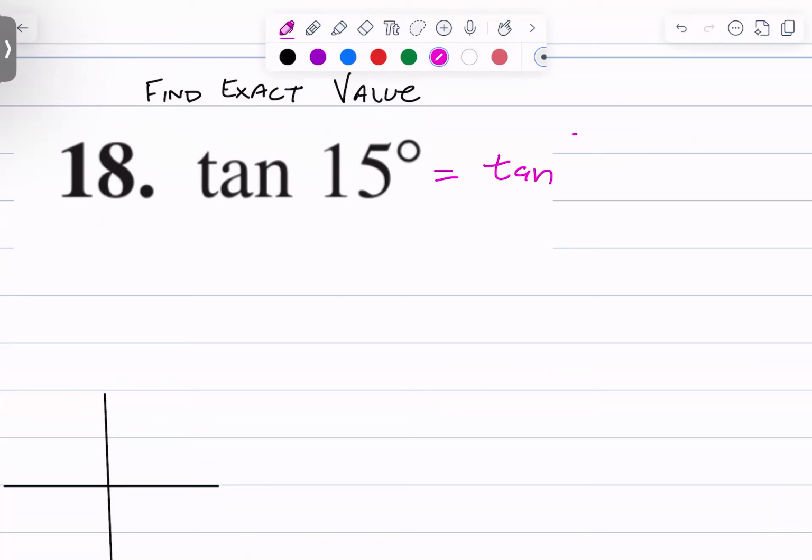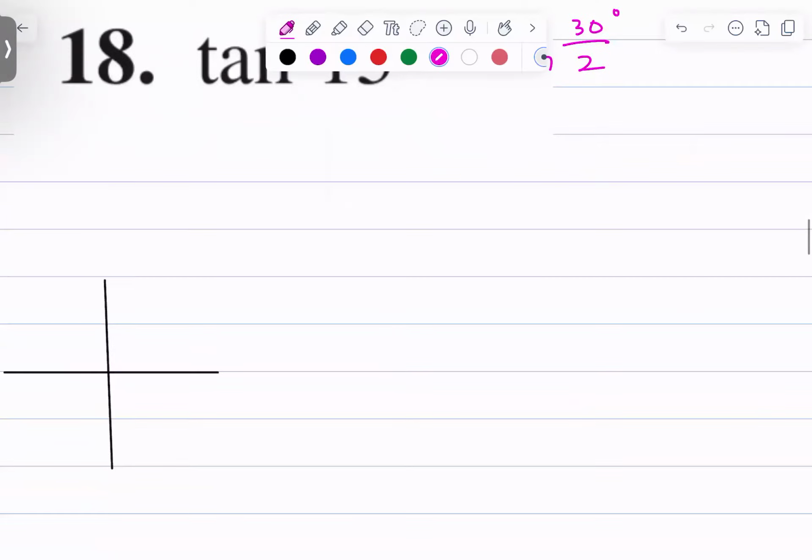Well, 15 degrees equals 30 degrees divided by 2. So I'm going to use that. So the tangent of 30 degrees will be here, right? If that's 30, that's 1, square root of 3, and 2.